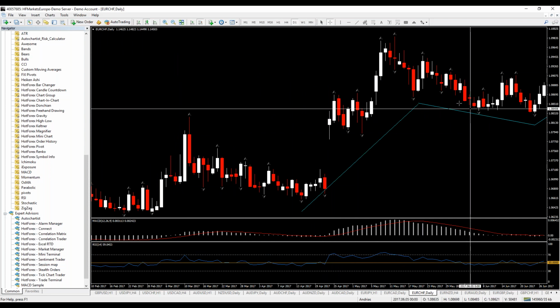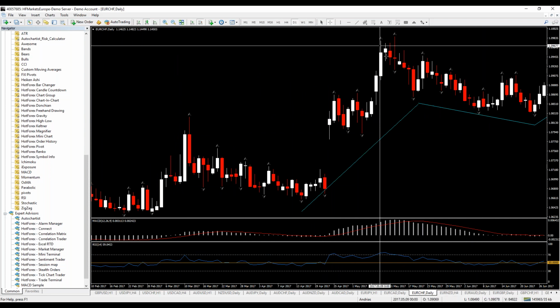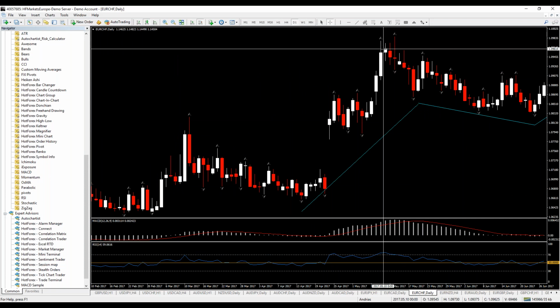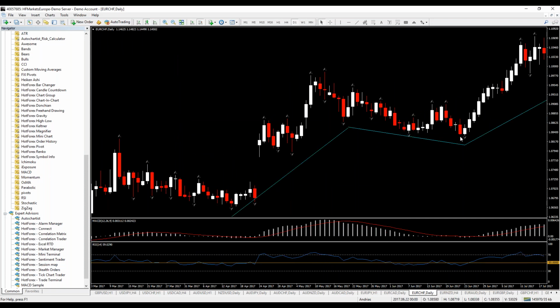If you want to enter a selling position in corrective wave 2, then a good entry point should be on the break of these two latest fractals.